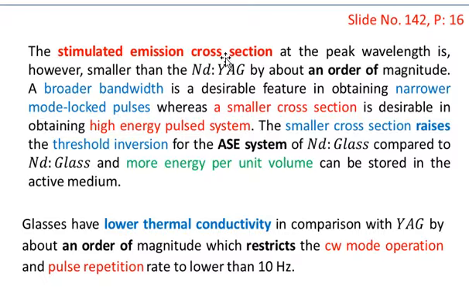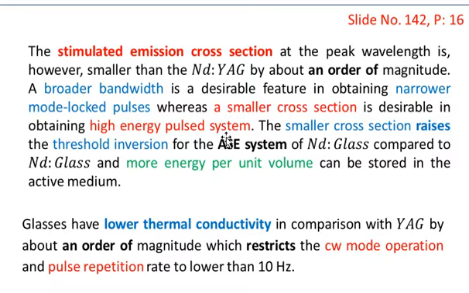The stimulated emission cross-section at peak wavelength is however smaller than the Nd-YAG by about an order of magnitude. A broader bandwidth is a desirable feature in obtaining narrower mode-locked pulses, whereas a smaller cross-section is desirable in obtaining high-energy pulsed systems.